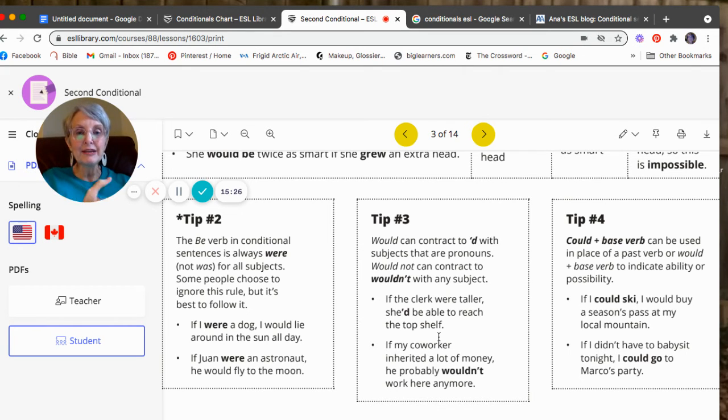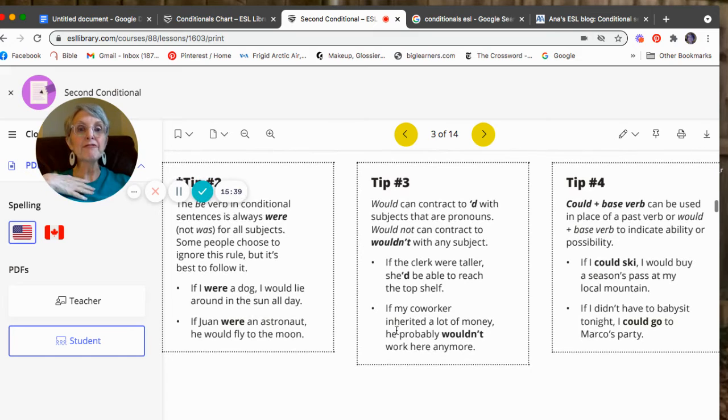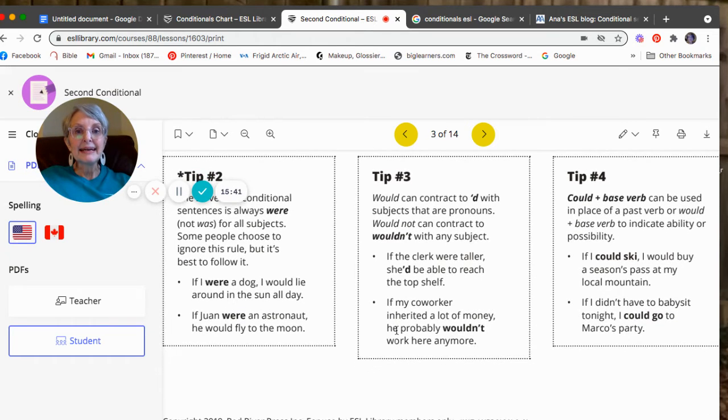They are negative. So here is an example. If the clerk were taller, she'd be able to reach the top shelf. Okay? Or another example, if my coworker inherited a lot of money, she probably wouldn't work here anymore. She would not work here anymore.